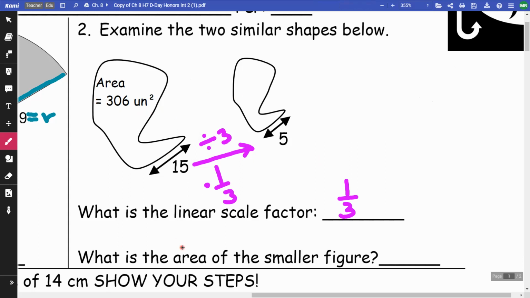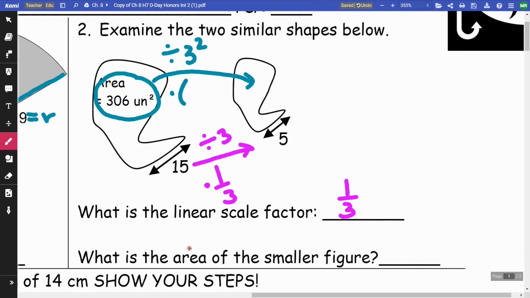Now, what is the area of the smaller one? If I am multiplying the sides by 1/3 or dividing by 3, the area is going to be divided by 3 squared, or 9, or multiplied by 1/3 squared.